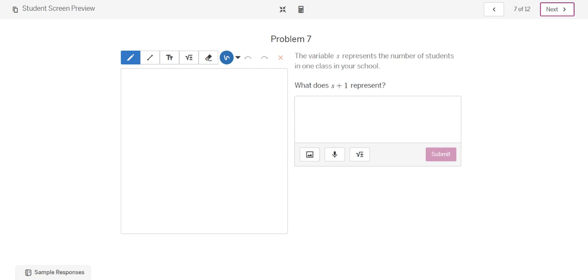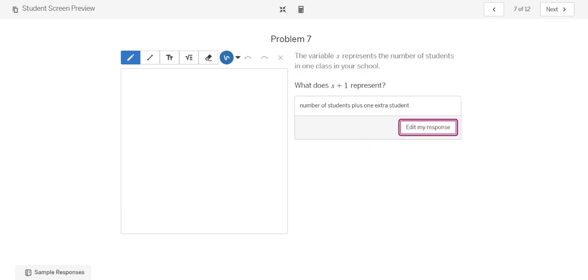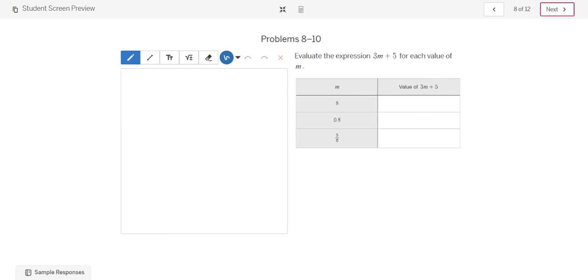S plus 1 is number of students plus 1, probably, I don't know, 1 extra student. Not really sure what they're going for there.